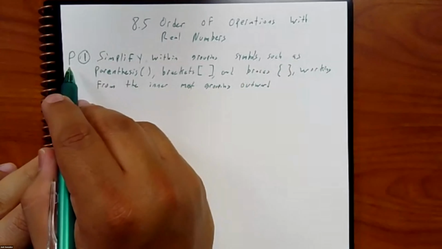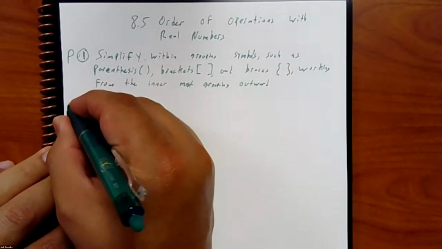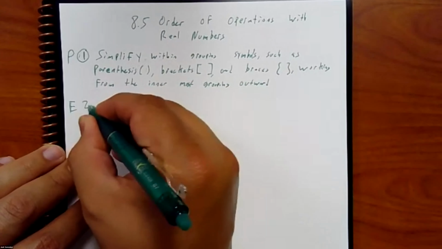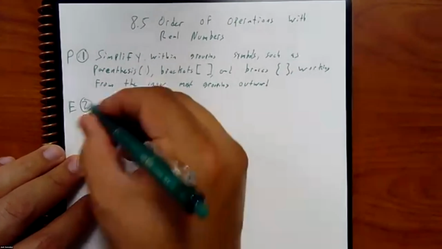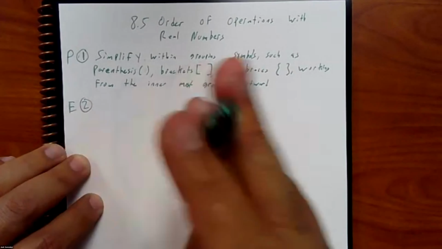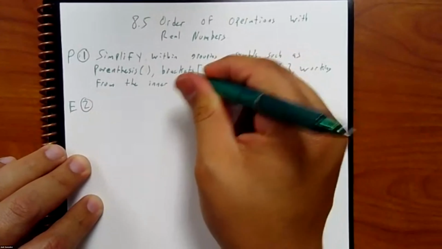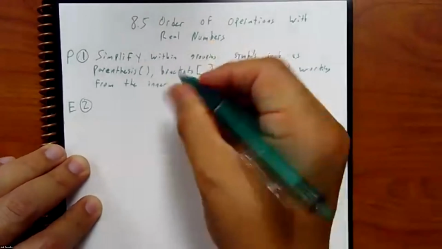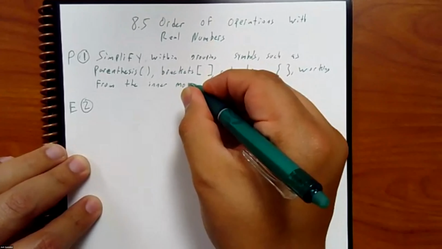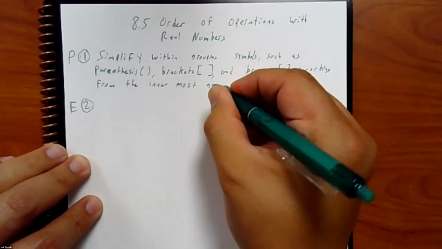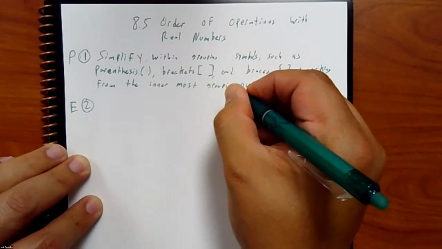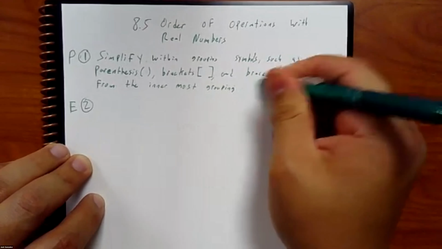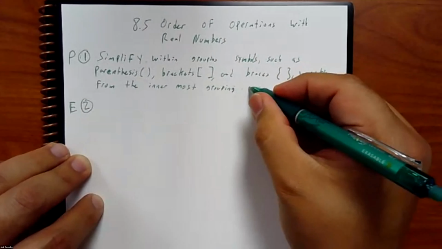So that is P, the first thing you do. Number two, E. Innermost grouping, outward.